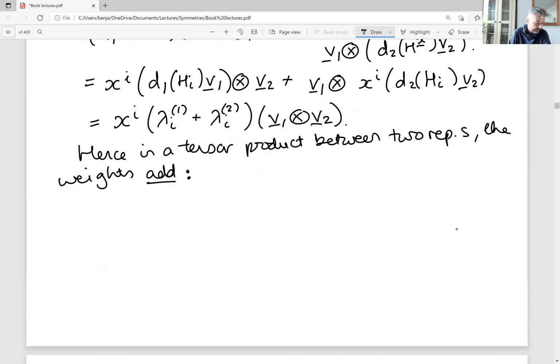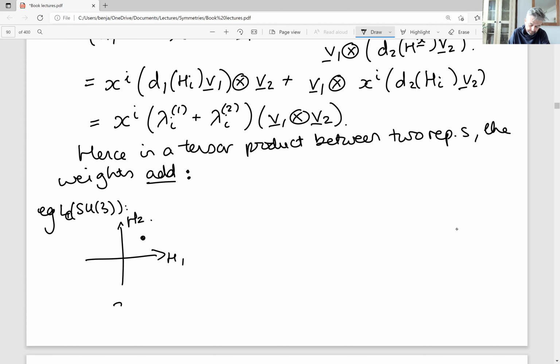So what does this mean? So for example, let's go back to our Lie algebra of SU3 case, H1, H2. Okay, so let's take a 3 cross a 3 bar. So the 3 looked like this in the weight diagram, and the 3 bar looked like minus that in the weight diagram.